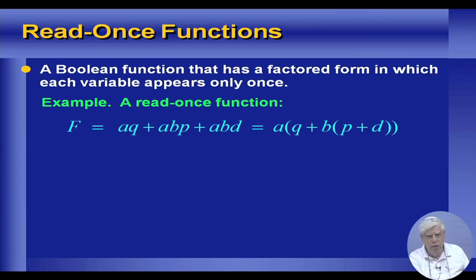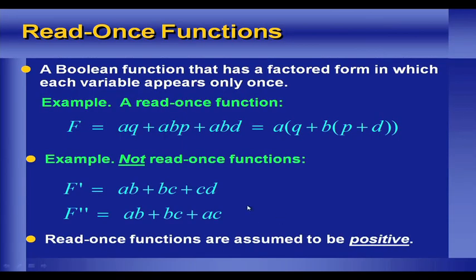Why might you be interested in that? Well, imagine if you have an and/or circuit that implements this function. You only have one input for A, one input for B, etc. It goes into gates. You have no place where A has to be split into 2 different gates. Everything is unique.